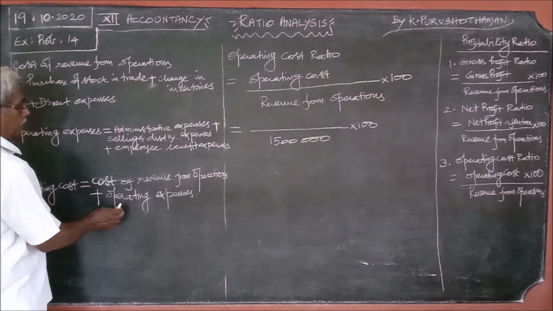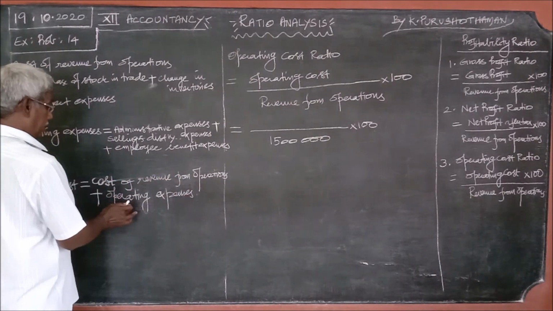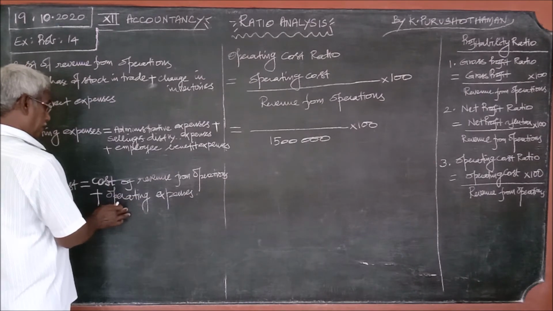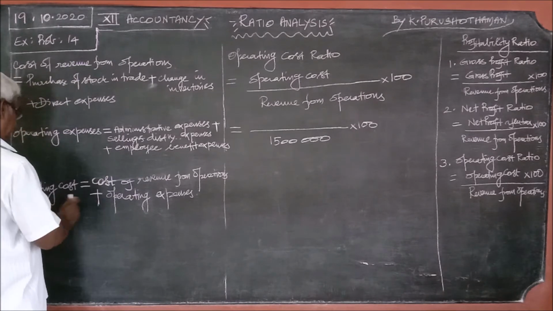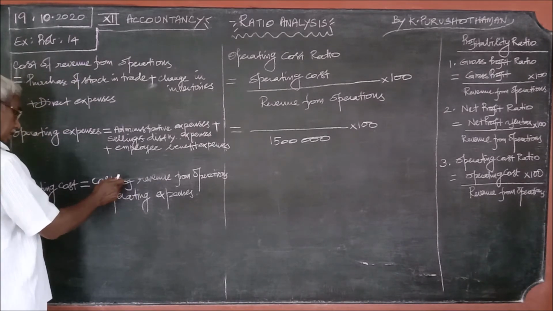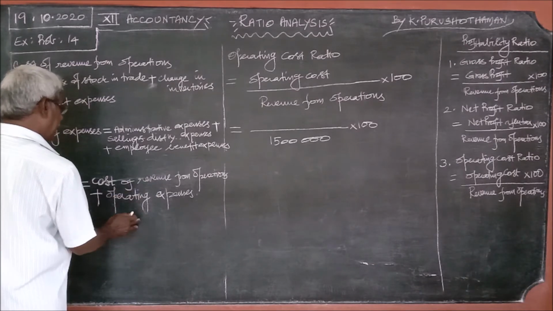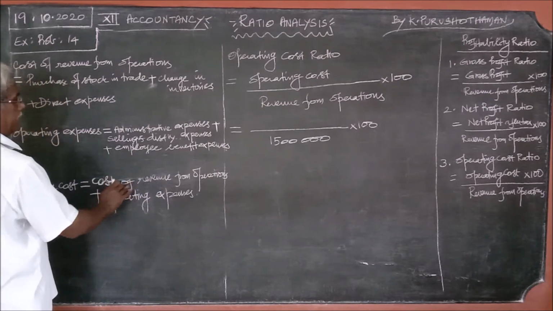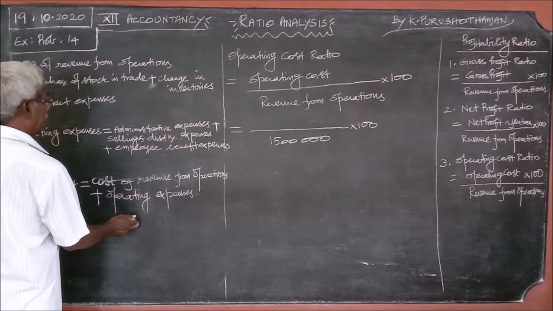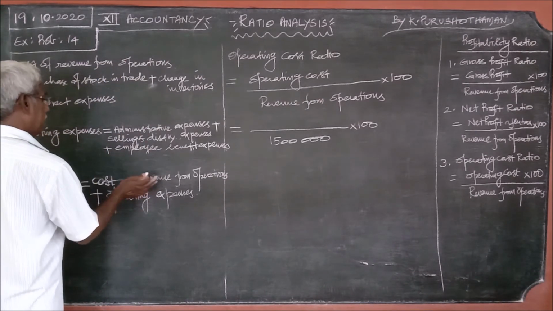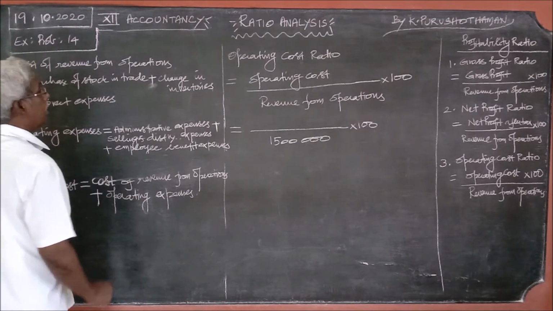If we look at the formula, we should find the cost of revenue from operations plus operating expenses. Only after finding these two can we find the answer for operating cost. Are cost of revenue from operations and operating expenses given readily? No. We should find the cost of revenue from operations, then the operating expenses, and after that write those two numbers to find the operating cost.